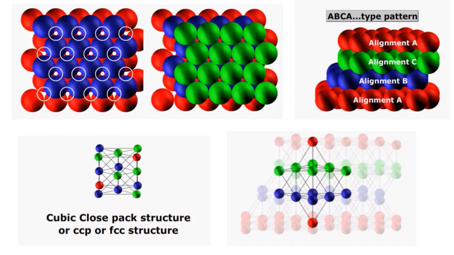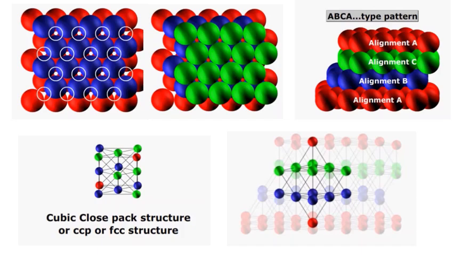So the alignment for the face-centered cubic is ABC, ABC, which is different from hexagonal close packed, which is AB, AB, AB, and so on. Again, the close packing in 2 dimensions can give us 2 possible arrangements.